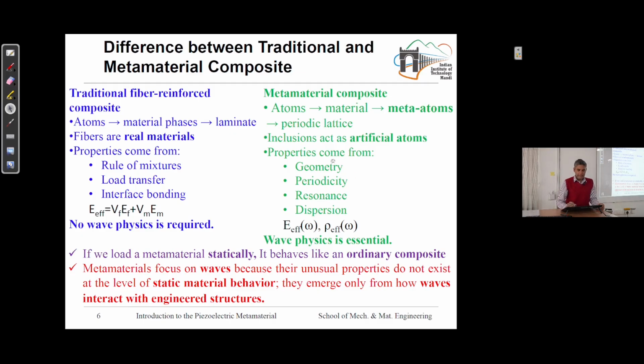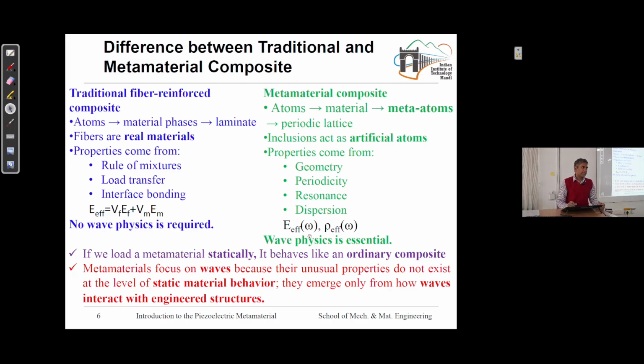These three properties decide the dispersion. So the property of a metamaterial depends on geometry, periodicity, and resonance, or combined, the dispersion.